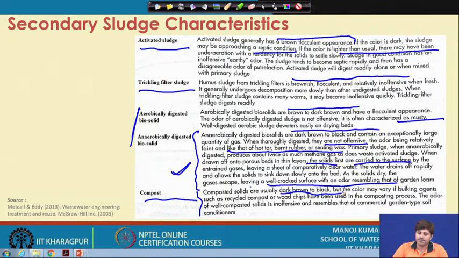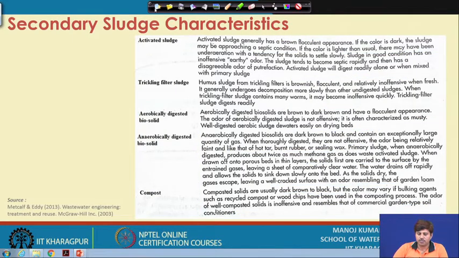And the odor of the well composted solids is also inoffensive and resembles garden type soil conditioners. Okay. So, that is the basic characteristic of the secondary sludge, but then the digested sludge also can be included in there, right.